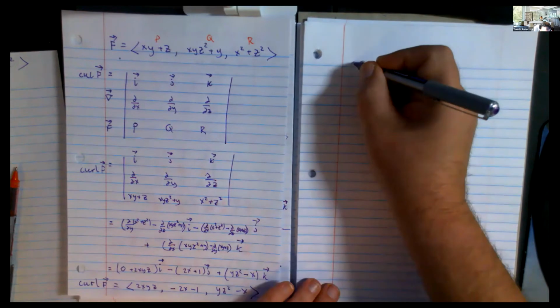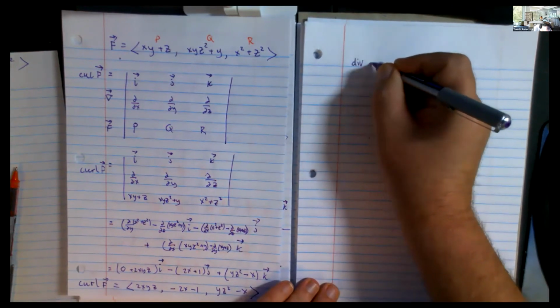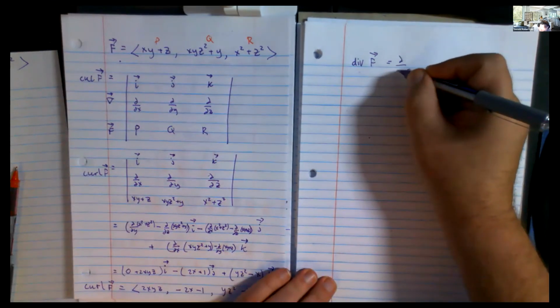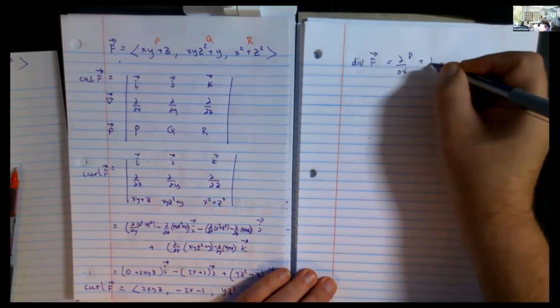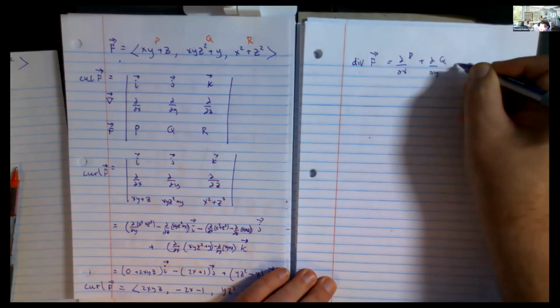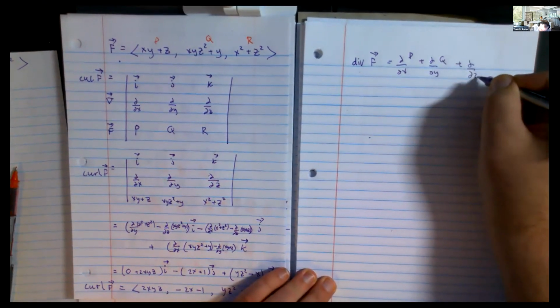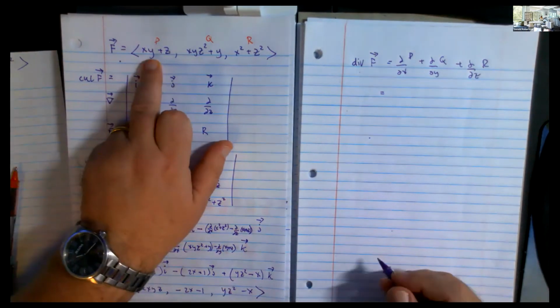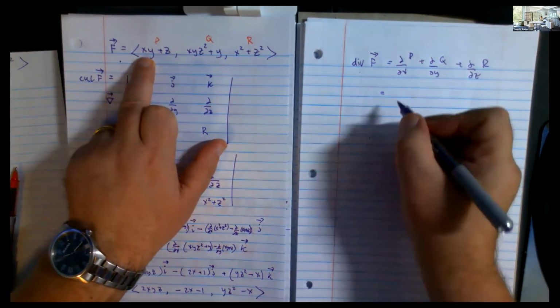Let's show you a div, short for divergence. And it's simply just that guy, and that guy. Much easier to do. Partial derivative of this guy with respect to x is y.